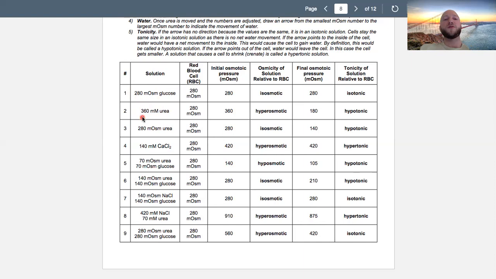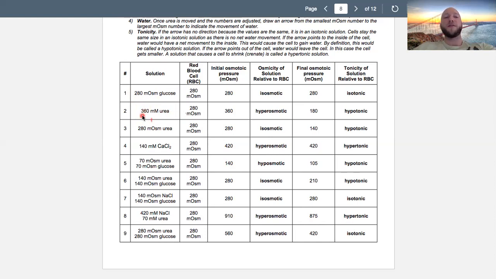Question 2 says 360 millimolar of urea in the solution. We have 280 milliosmoles in the red blood cell. So we're comparing apples to oranges here. We're comparing millimoles to milliosmoles. You need to convert millimolar to milliosmoles for question 2.